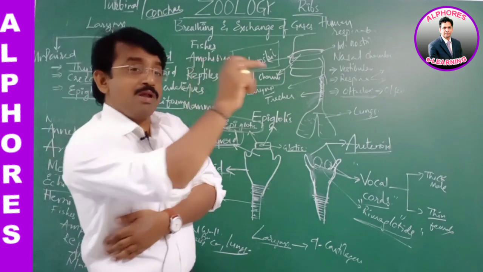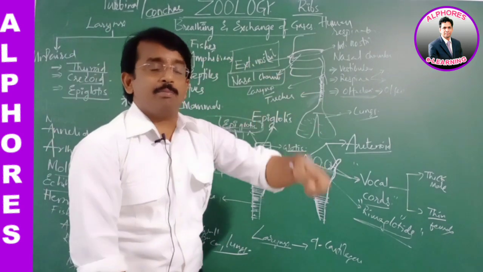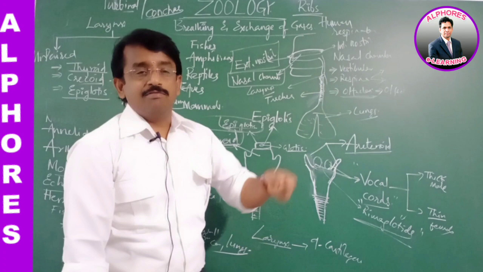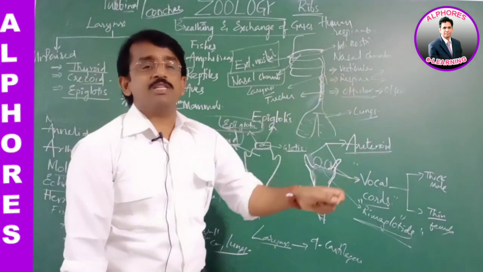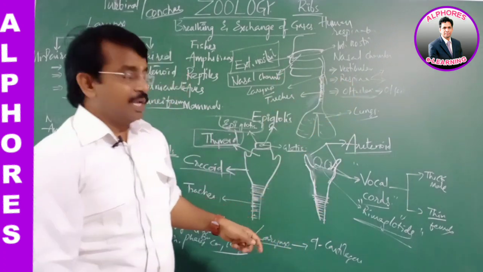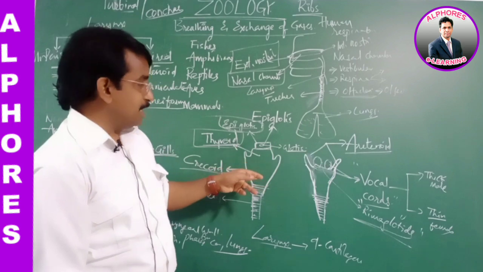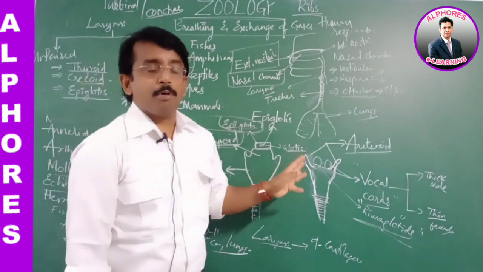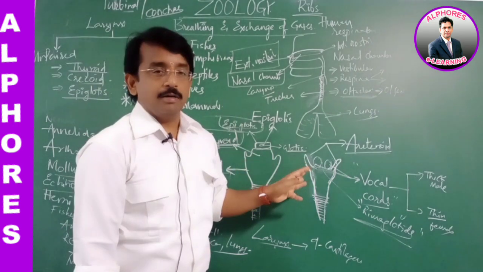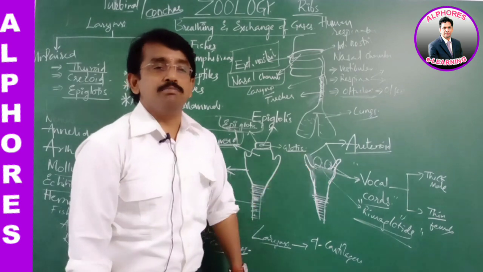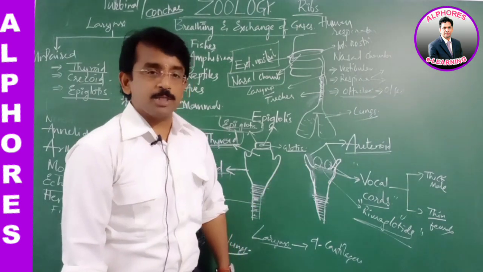So only males have the ventral prominence. The thyroid cartilage forms this prominence, the Adam's apple, seen in males but absent in females.